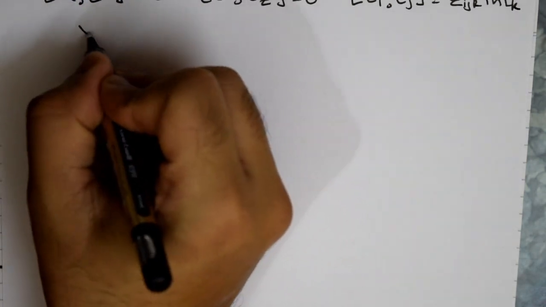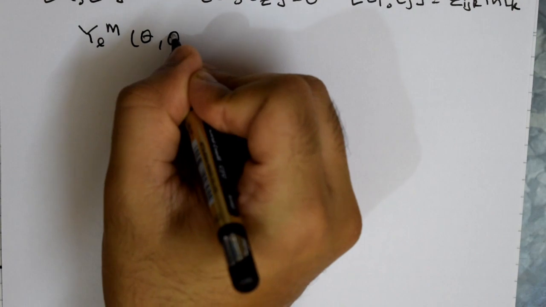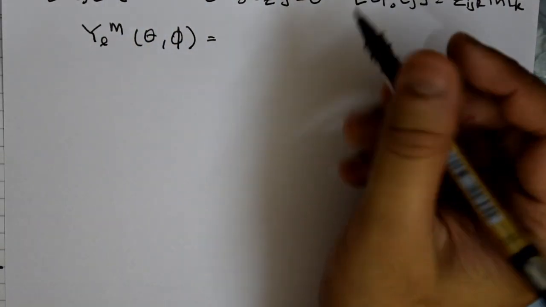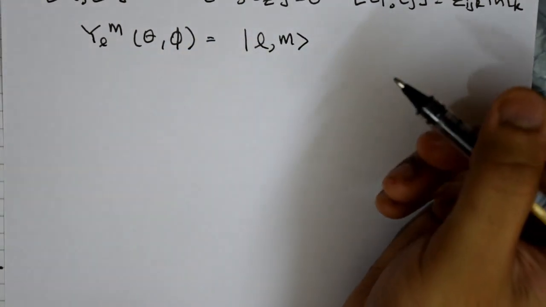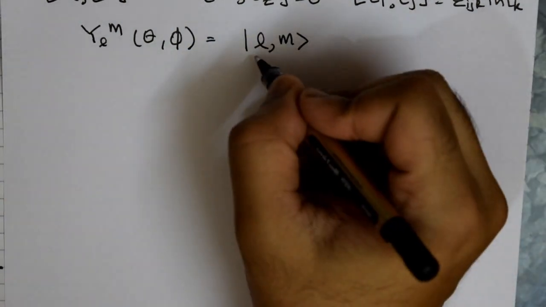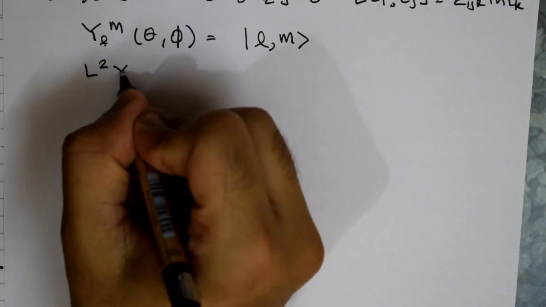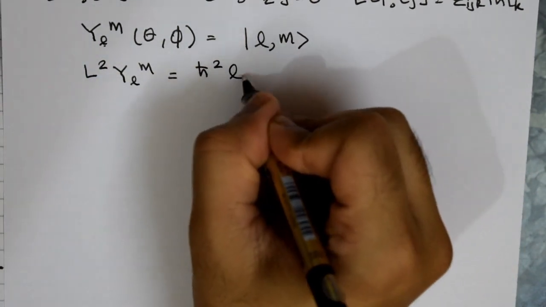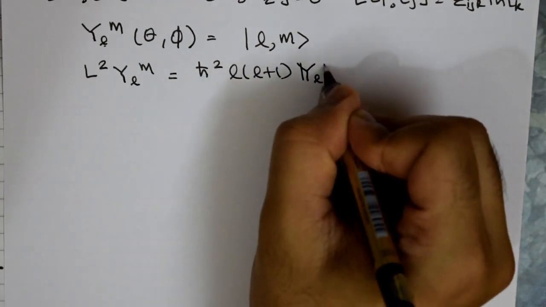Let me also write a few more things because I might keep switching between different notations. Y_lm as a function of theta and phi can also be written in the Dirac ket notation. So if I say |l, m>, this indicates the quantum numbers l and m for the spherical harmonics. When we say L squared on Y_lm, that should give you ħ squared l into l plus 1 back times Y_lm.